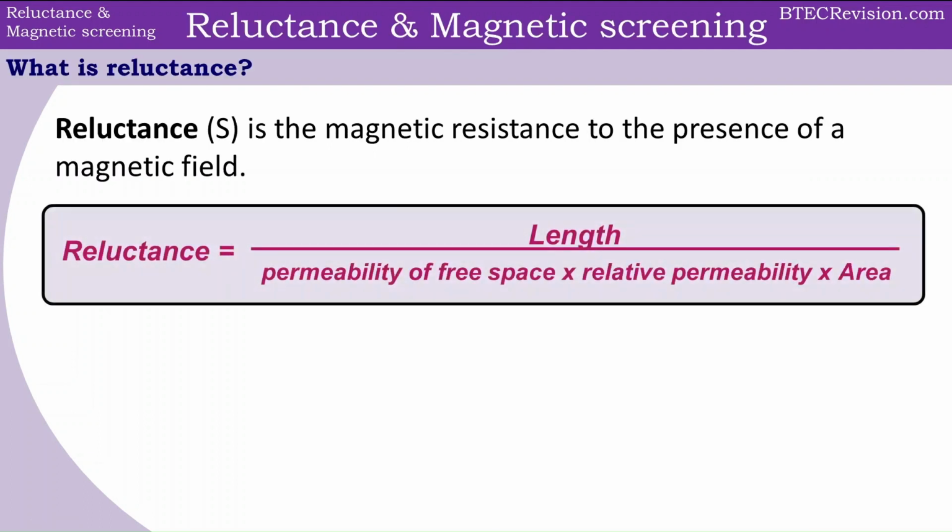There is also another equation we can use to calculate reluctance, which is equal to length divided by permeability of free space times relative permeability times the area. And the short form is S equals L divided by mu naught mu R A. Remembering our equation for mu R in the previous lesson, relative permeability is equal to mu divided by mu naught.